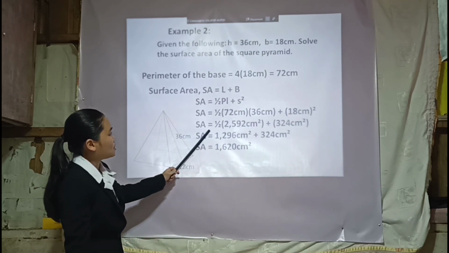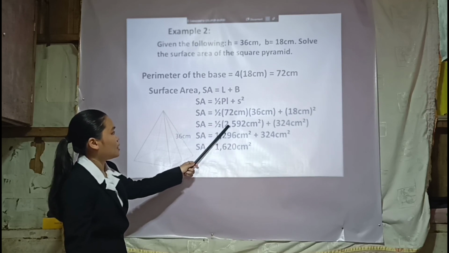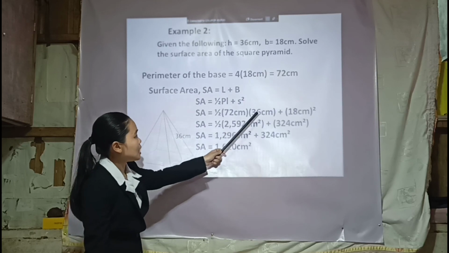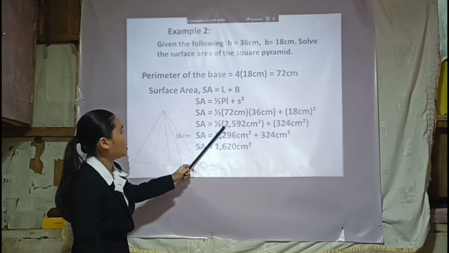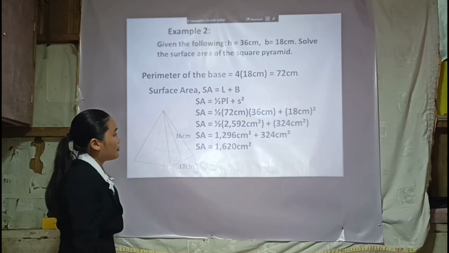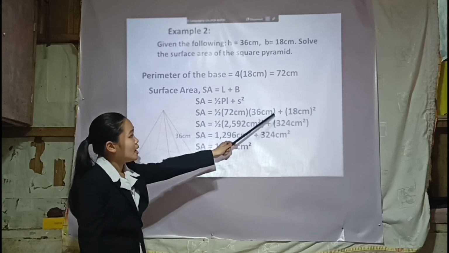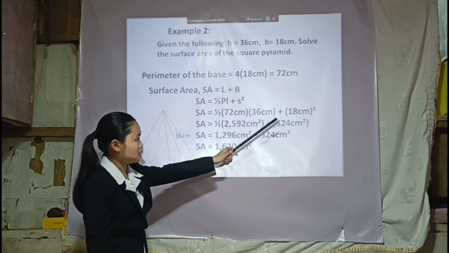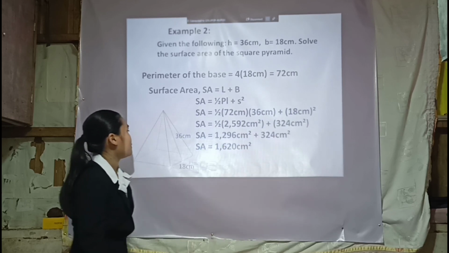Surface area equals 1/2 times 2,592 centimeters squared, because 72 centimeters times 36 centimeters is equal to 2,592 centimeters squared, plus the product of 18 times 18, or 18 squared, which is equal to 324 centimeters squared.